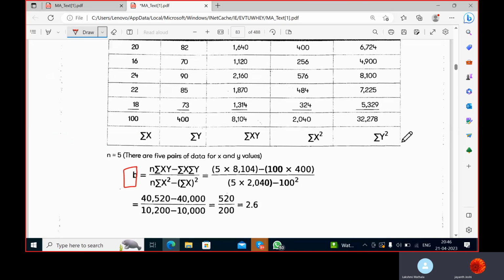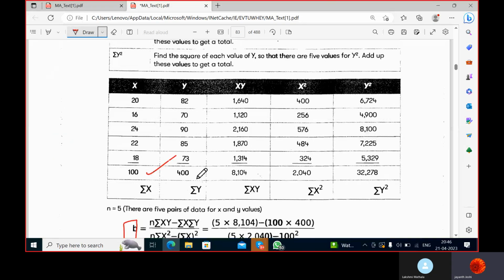You can tally this. Did you get all these values, Hamsika? Yes, sir, I did. So 1 second, sir. I'm almost getting the equation. I'm almost done. Okay.